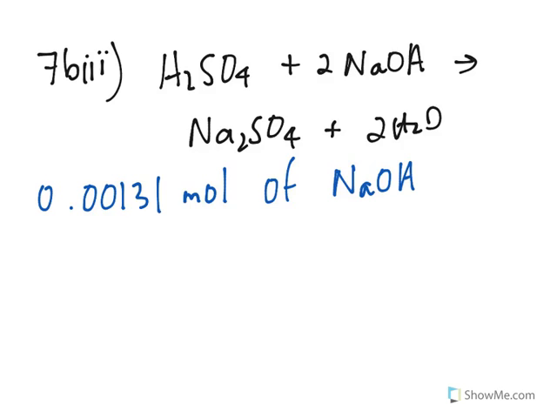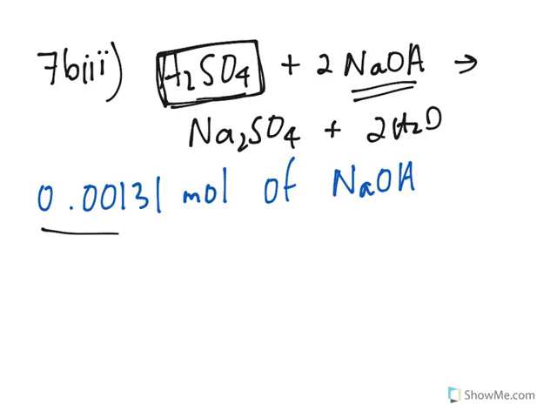Okay, so question 7b3 is asking you to calculate the amount of moles of sulfuric acid used. Now how do we find out the number of moles of this used? So from the previous question, we figured out the number of moles of NaOH used. And we assumed that the number of moles of NaOH used completely neutralized all of this acid.